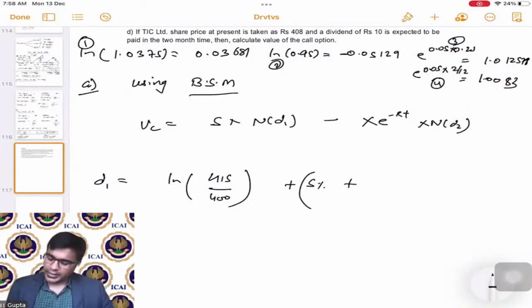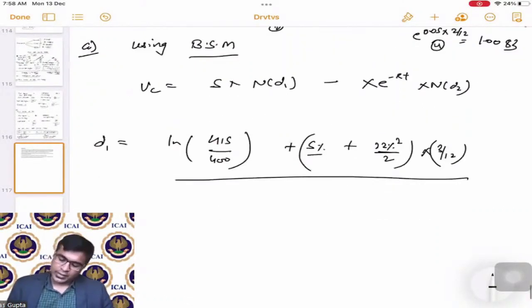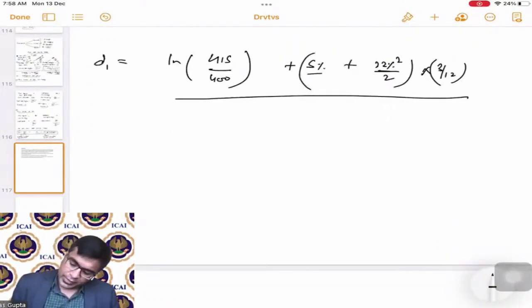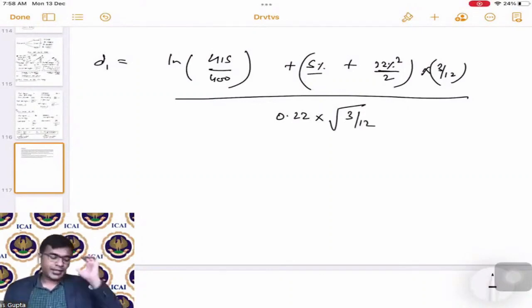Then 22 percent raised to the power 2 divided by 2, multiplied by 3 by 12, which is the time. These both percentages can be converted into decimals easily for the purpose of calculation. This whole divided by 0.22, which is the volatility rate, under root of 3 by 12, correct? This is d1.